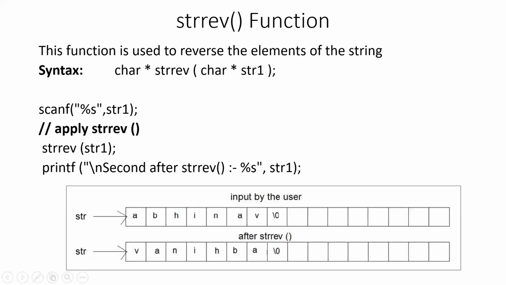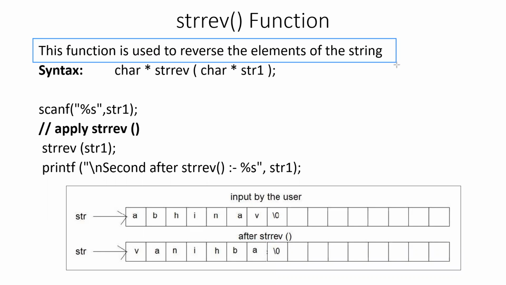The last library function that we are going to see here is the string reverse function. The string reverse function is used to reverse the contents of a string. Reverse basically means, if you look at the integer value 1, 2, 3, what is the reverse of 1, 2, 3? 3, 2, 1.